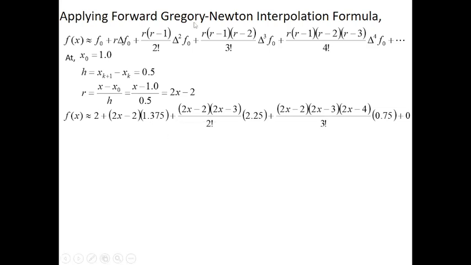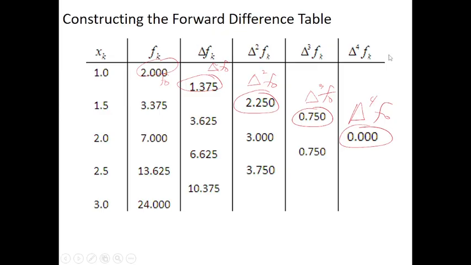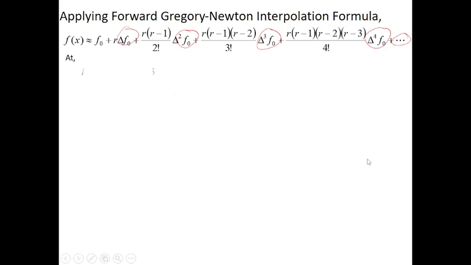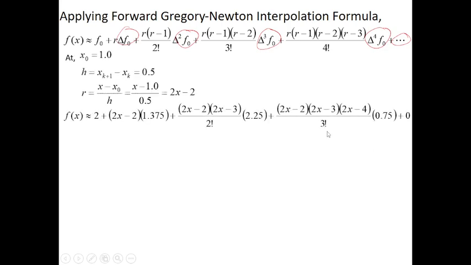And nothing follows because the limitation is up to delta to the fourth f sub 0. So in that case, we just substitute.